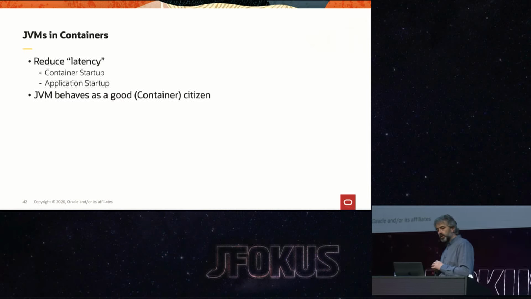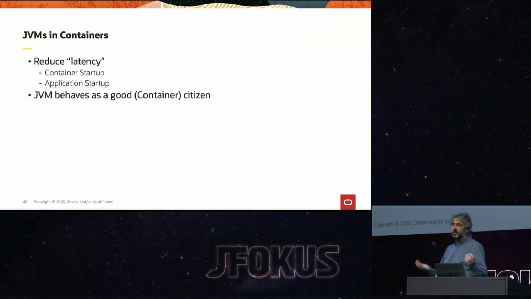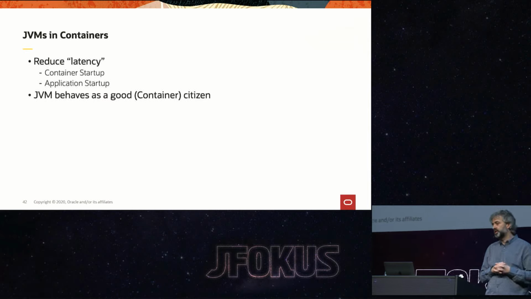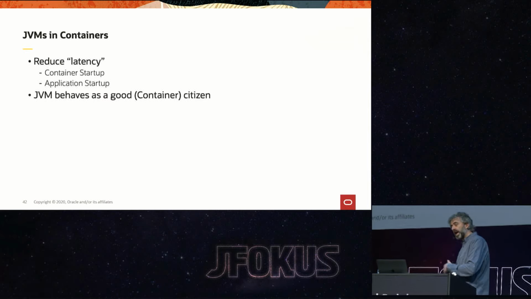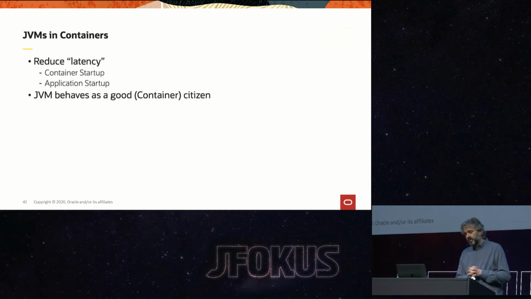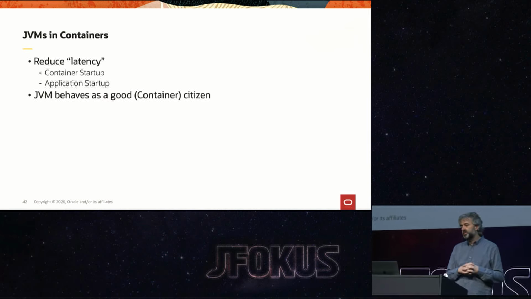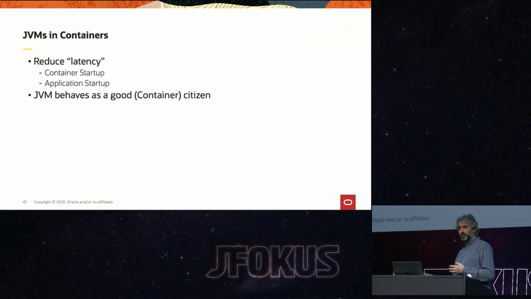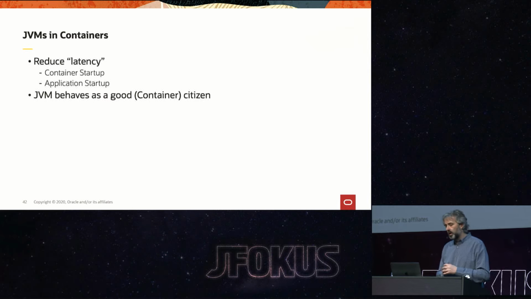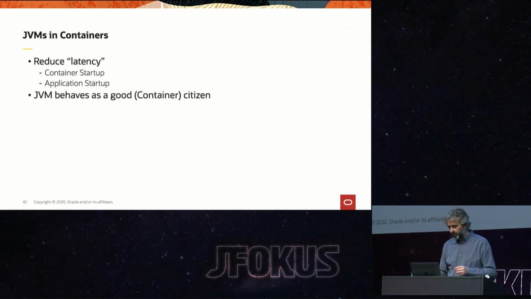And then we also discussed some of the techniques that we can use on the Java side to improve the startup time of the JVM and the Java code. And clearly, those techniques can also be used outside of containers. We've then discussed why it's important that the JVM behaves correctly when it runs within containers. We saw that it's important to give the right metrics to the JVM ergonomics to make sure that it's not killed by the container runtime itself.